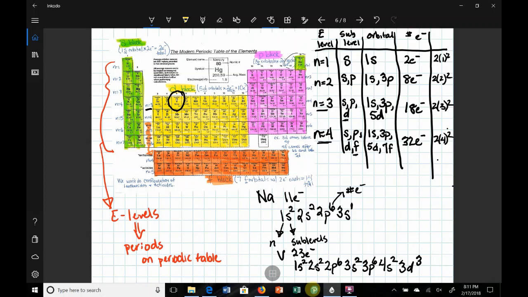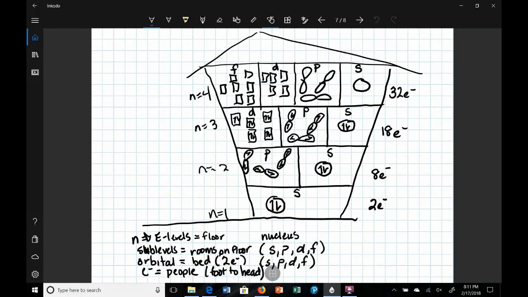Now, why is this? Because the 4s electrons have a little bit less energy than 3d electrons. Let's go back to our house right quick. If you were filling up the house with guests, how would you rather that guests be filled?